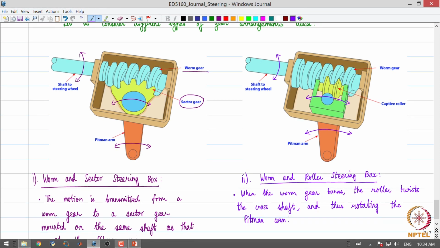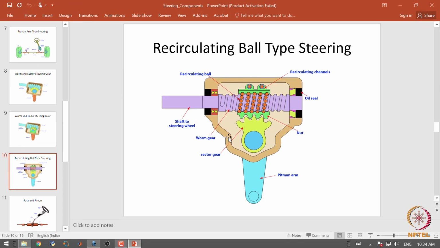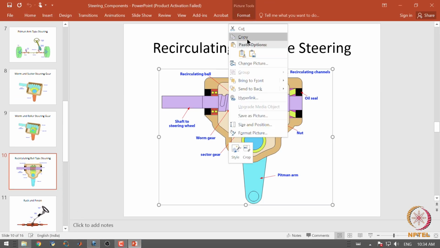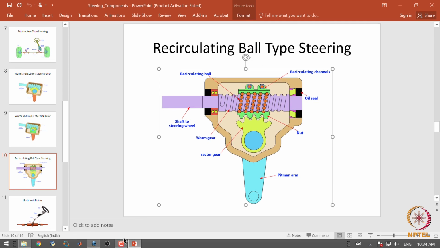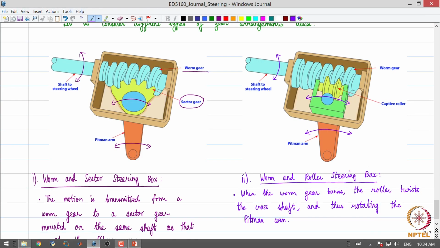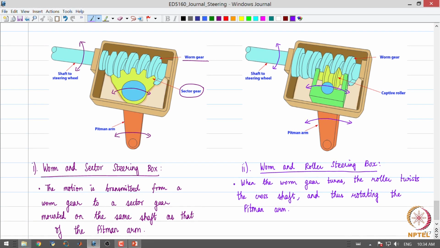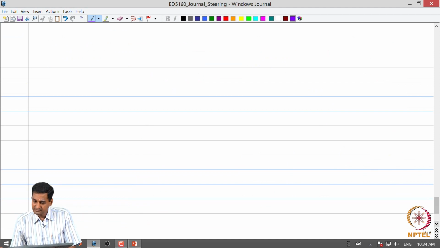But the most common gearbox which is used in these Pinion arm type steering is what is called the recirculating ball type steering box. So, what is this recirculating ball type steering box? Let us discuss that with a simple schematic.